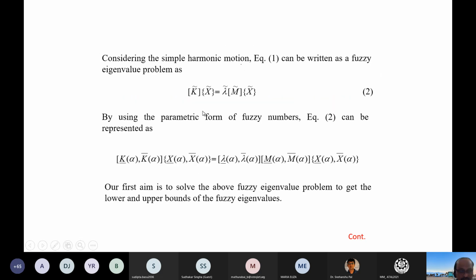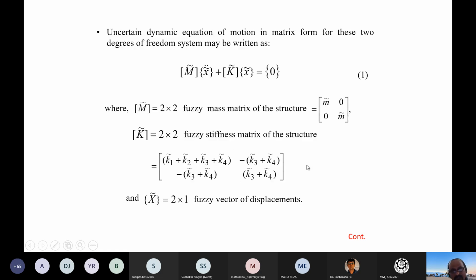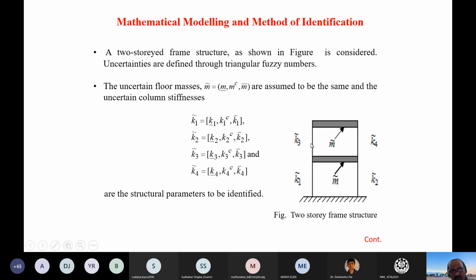Now see the logic. If I want to identify, see this is the problem. Suppose this building was constructed maybe 50 years back. I want to know today what is the health of this building. Health means what are the stiffnesses of these columns, because if the column stiffness is reduced much, it may fail. So I want to know the estimation of this stiffness parameter.